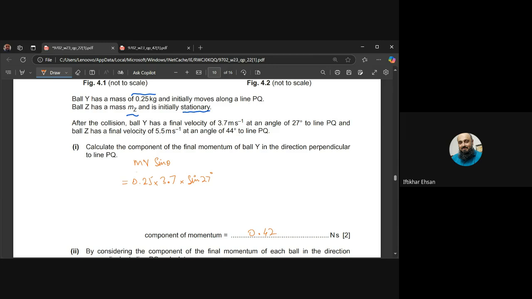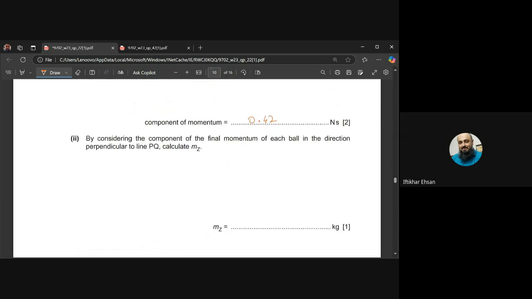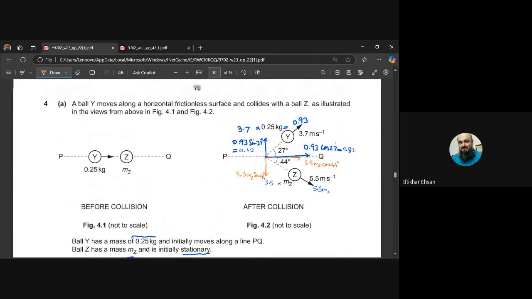Then it says: considering the component of the final momentum of each ball in this direction, calculate mz. Look, the vertical component of Y will be equal to the vertical component of Z, so they cancel out each other, and the only resultant is horizontal. The initial momentum is horizontal, the final is horizontal, and the vertical component will be cancelled.